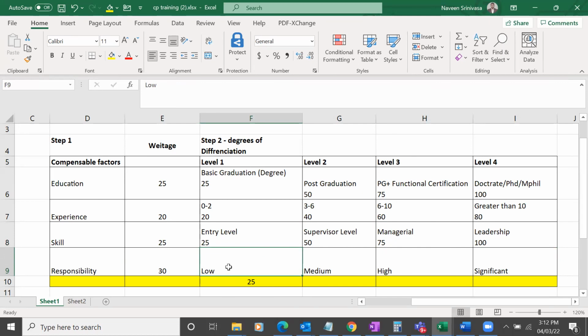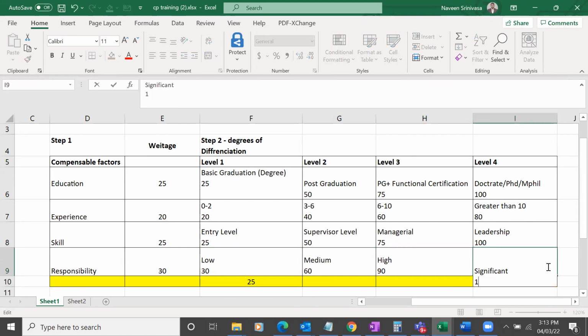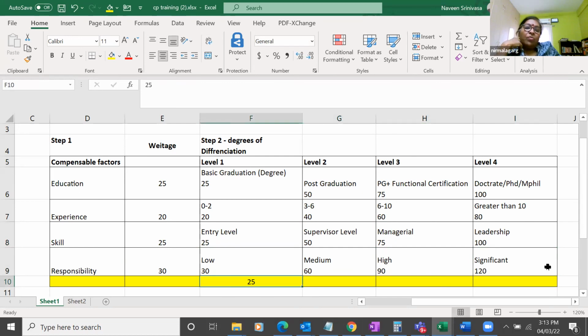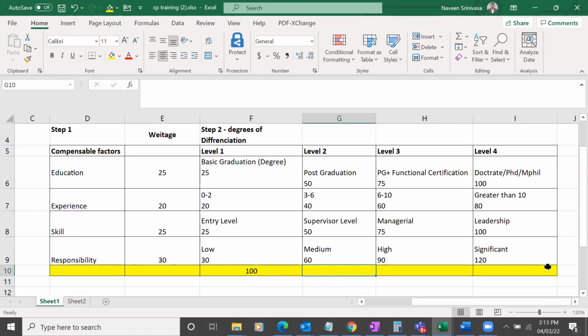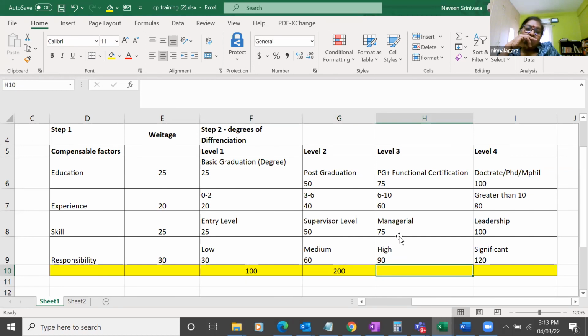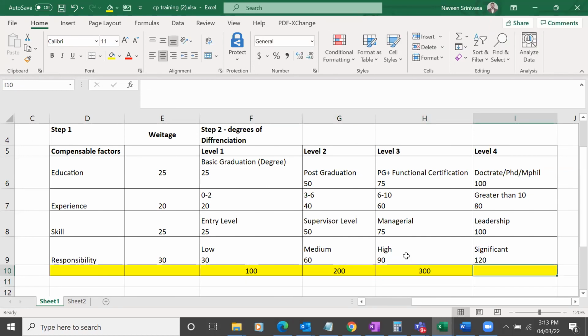Correct. Very good. Now add up. They should be 100, 200, 300, 400. Just check if they're all correct. 200, 150 and 150, 150 and 300, then 200 and 300, 400.